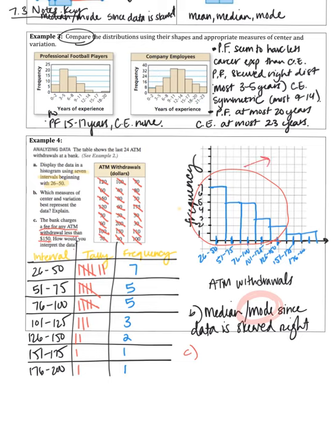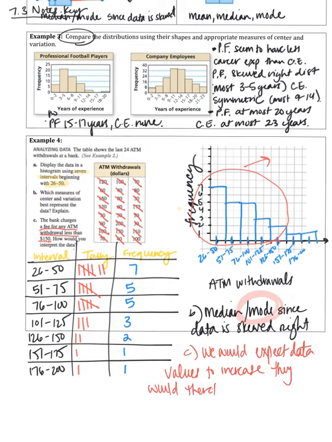So what we would expect is data values or withdrawals to increase, and those data values would therefore be closer to the tails of the graph, and we would see something less skewed. We would see a distribution that is possibly more symmetric.